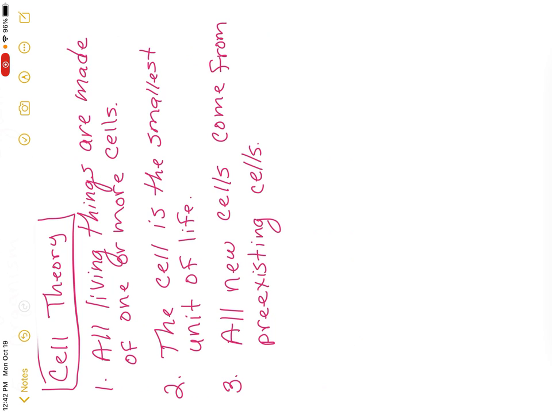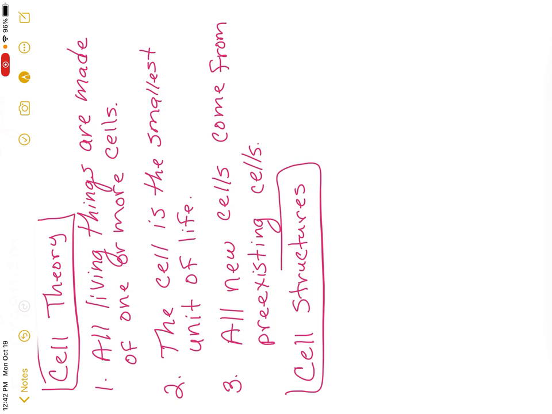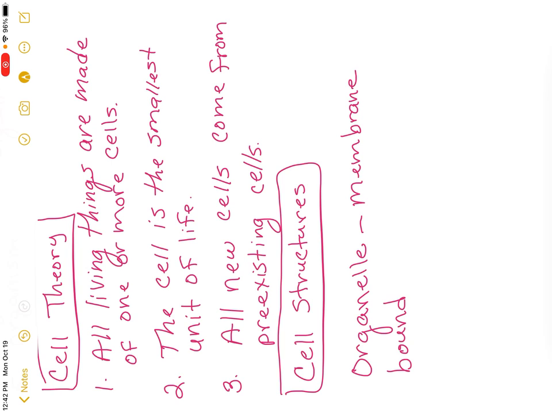The new stuff that we're going to work on this week is cell structures, and the main word for this is organelle. And an organelle is a membrane-bound structure in a cell that performs a specific job.